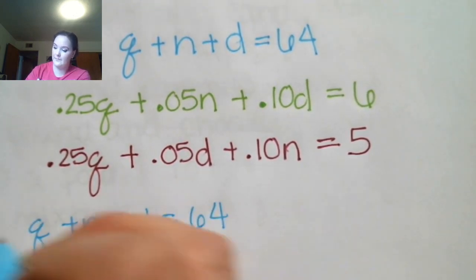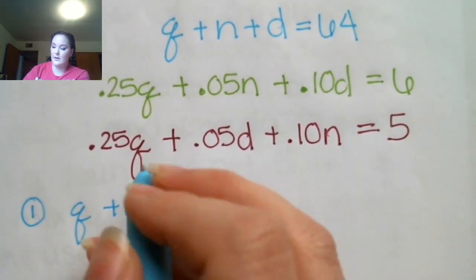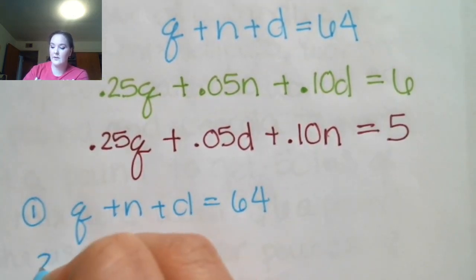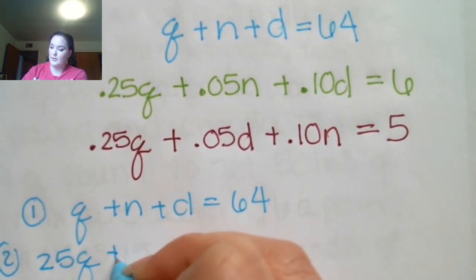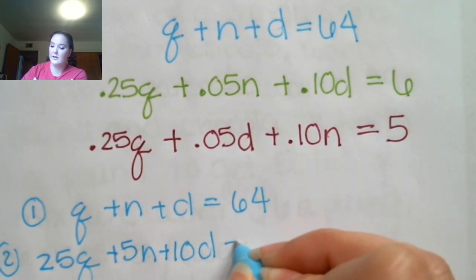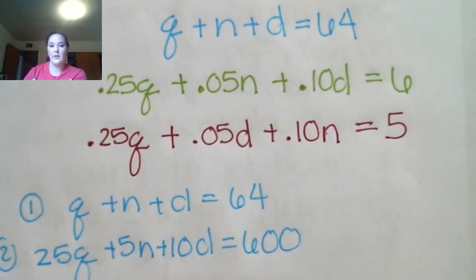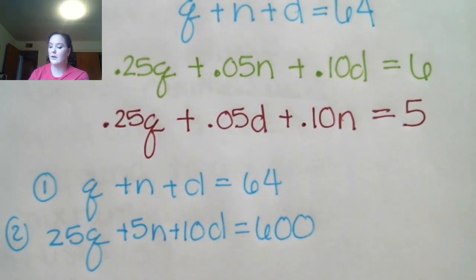Then you would multiply this by 100 to give you 25Q plus 5N plus 10D equals 600, because that's oftentimes easier to solve by hand, like if you don't have a calculator.